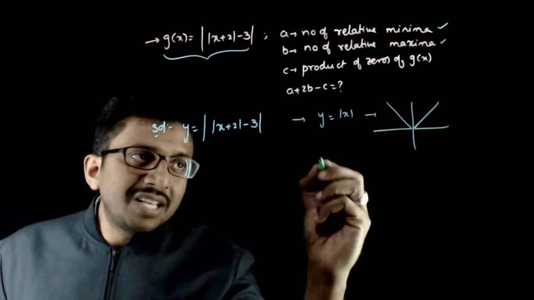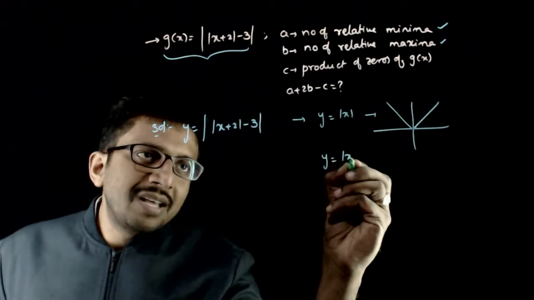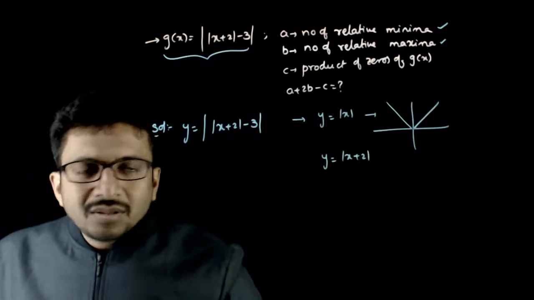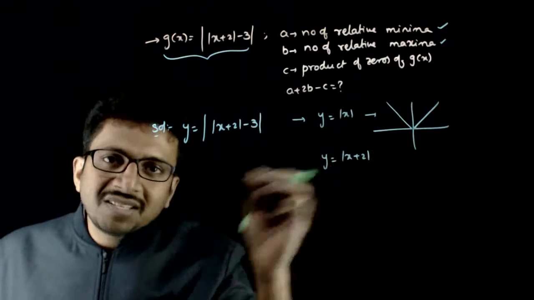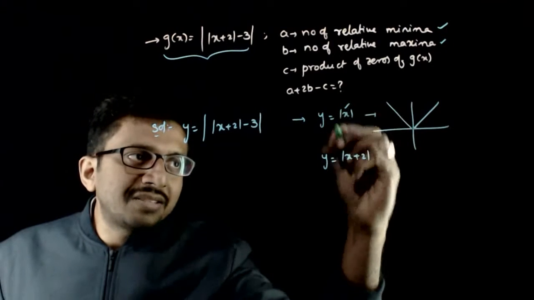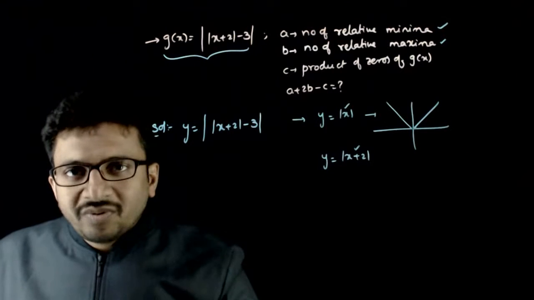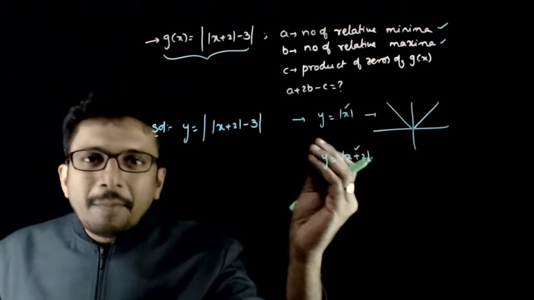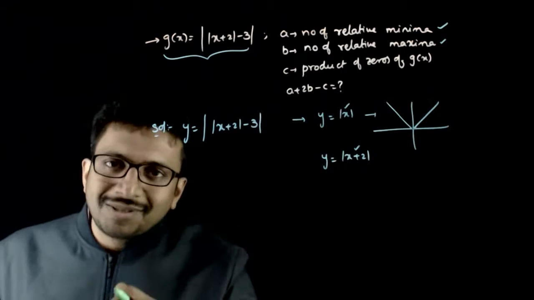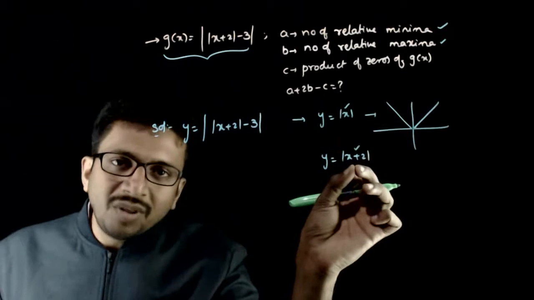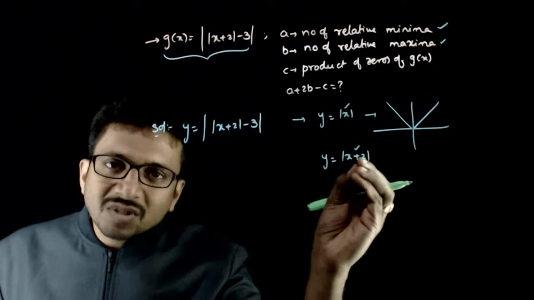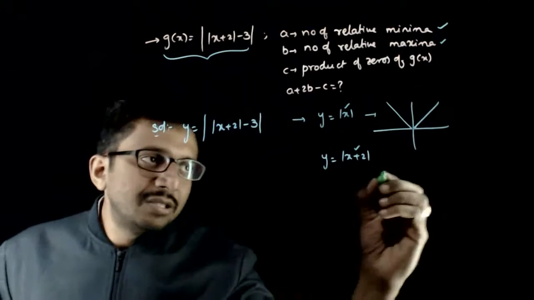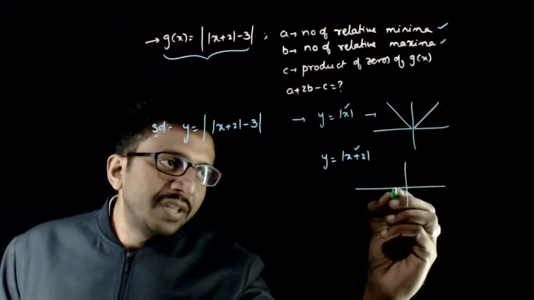Now, from this graph, can I draw the graph of mod of x plus 2? What is the difference between this graph and that graph? Instead of x, you have x plus 2. That means the graph moves backward by 2 units. So if you have x plus 2 in the place of x, the graph moves backward by 2 units. So the graph of mod of x plus 2 looks like this.